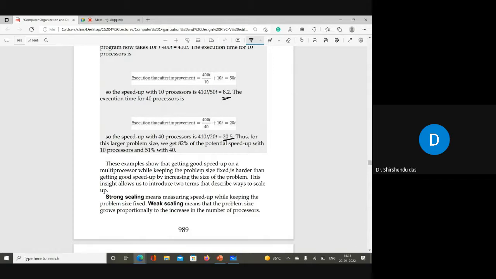Suppose you have a 40 core machine, but your problem is like first 10 scalar additions and then addition of a 10 cross 10 matrix, then there is no point in dividing it into 40 parts. If you are not getting much speed up, better divide it into 10 parts or 15 parts and let other cores be idle.